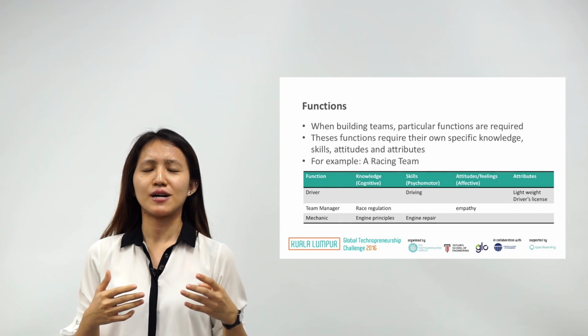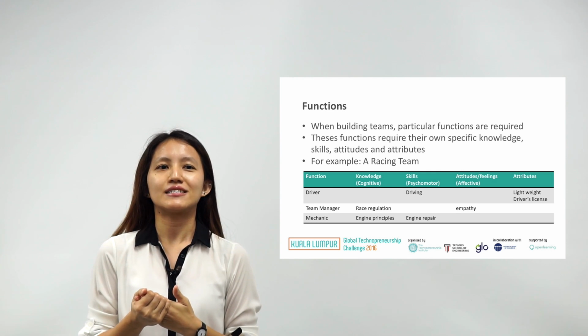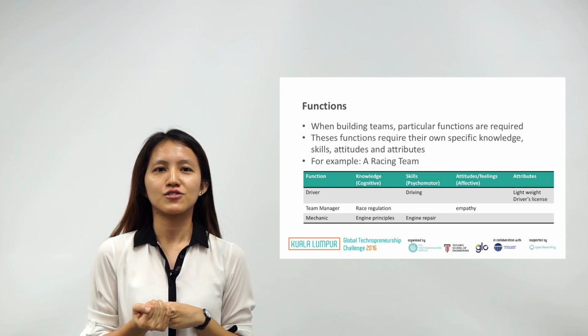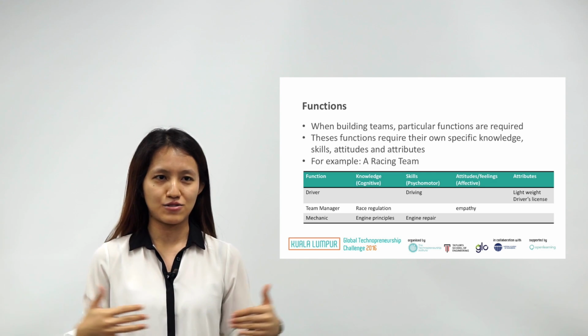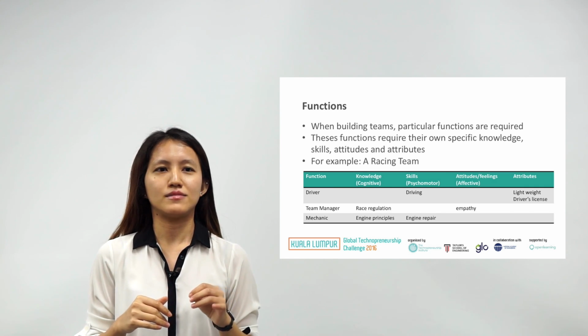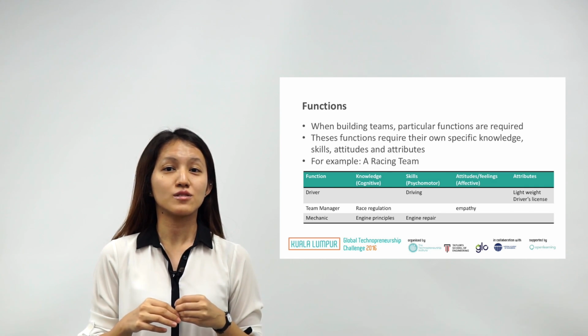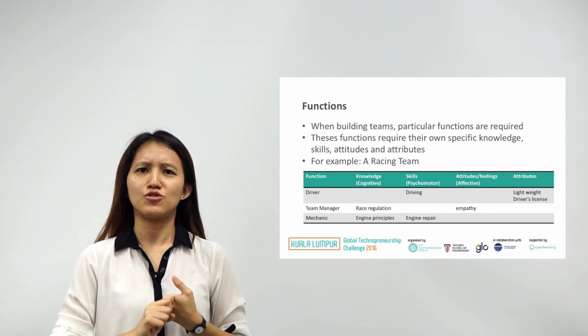If we look at building teams, there are definitely particular functions required from each of us, because we need clear task distribution. Usually these functions require their own specific knowledge, skills, attitudes, and attributes.